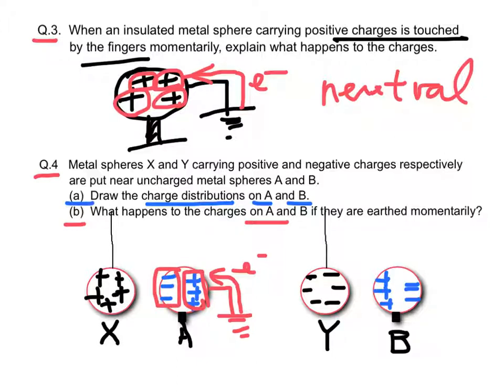On the other hand, if B is earthed momentarily, the electrons on B will go to the earth. As a result, the positive charge remains on B and B will be charged positively.